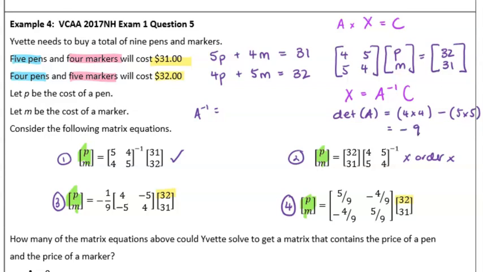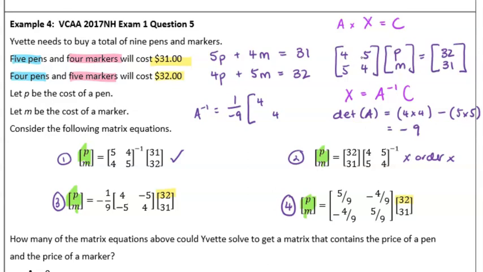So one option is to have the determinant on the outside, so -9. Remember, we switch the positions of A and C, so they're both the number 4, so that doesn't look like a change.